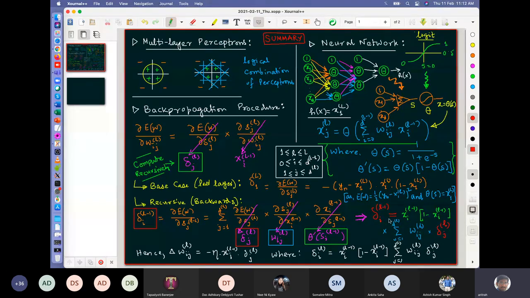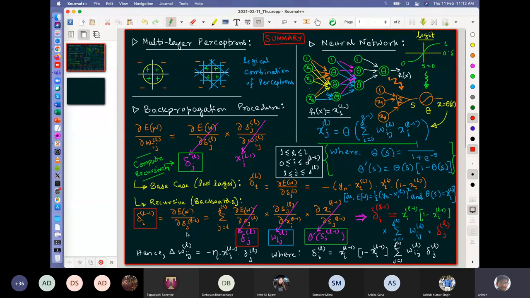If you write these hairy equations in a slightly more structured form, theta dash of xi at L minus 1 is xi at L minus 1 into 1 minus xi at L minus 1, because I know theta dash s equals theta s into 1 minus theta s. The summation term I put as it is. So the blue box is here, the red box, the recursive call, is here, and the green box is here.